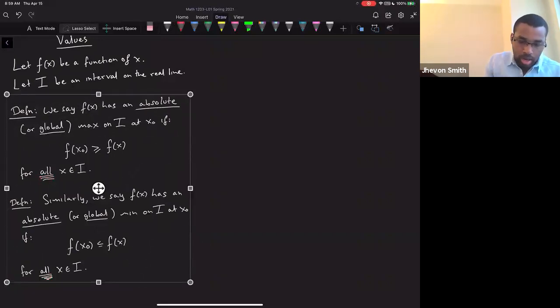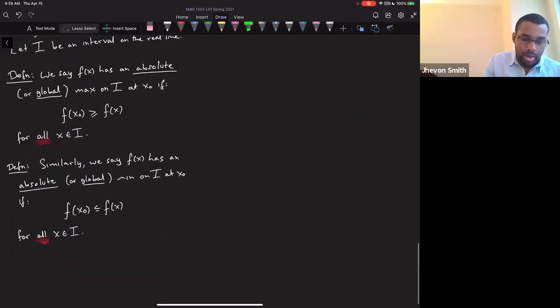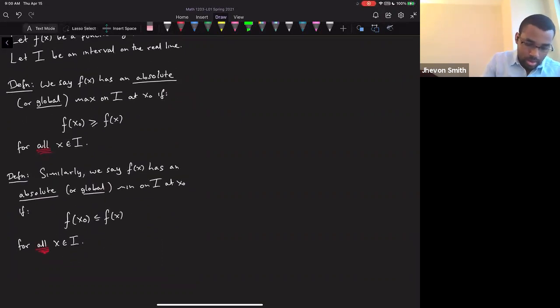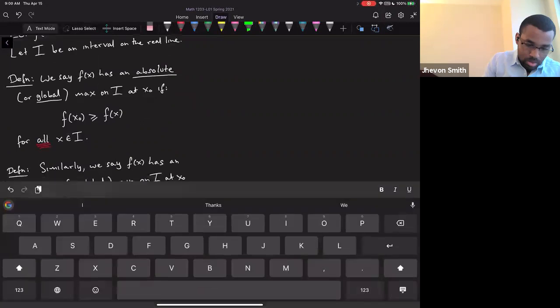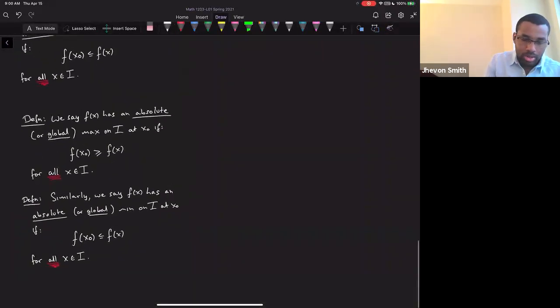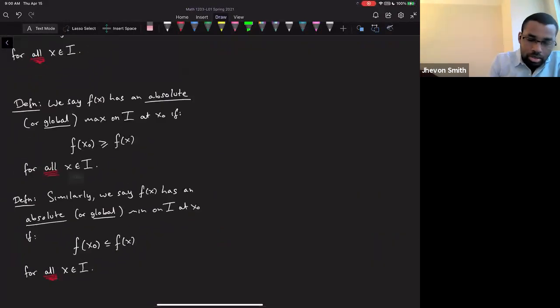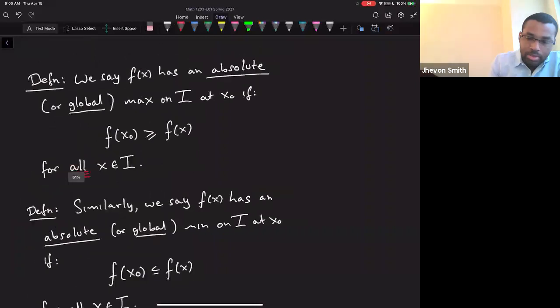Now, to talk about local max and mins, it's going to be a very similar idea. In fact, I can sort of copy these down.